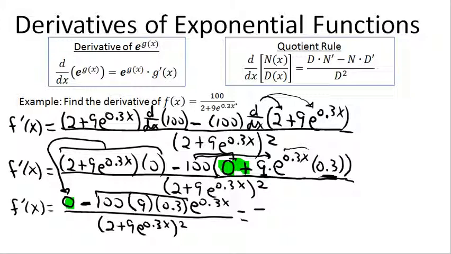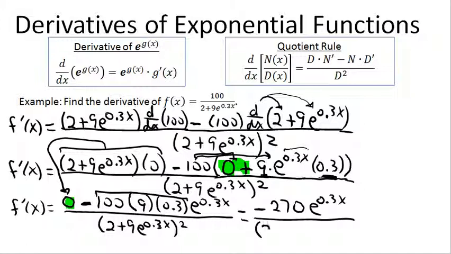Do it on your calculator if you like, but you end up with a negative because of this negative sign. You still have a negative sign, and then those three numbers multiplied together come out to be 270, and then you have e to the 0.3x. And this entire numerator is divided by 2 plus 9 e to the 0.3x quantity squared.